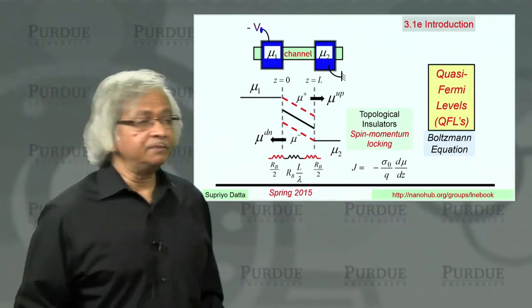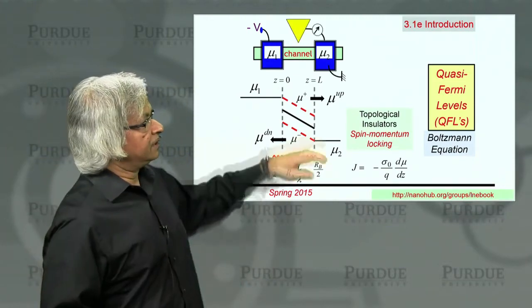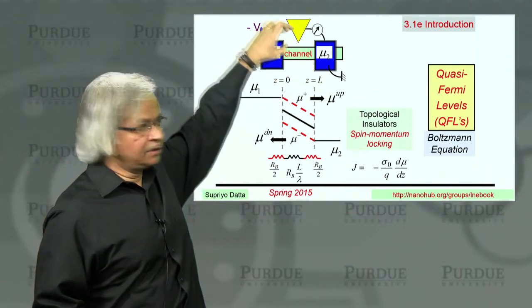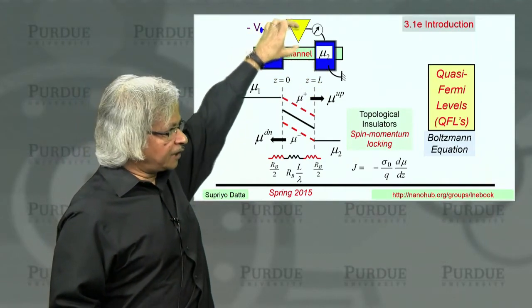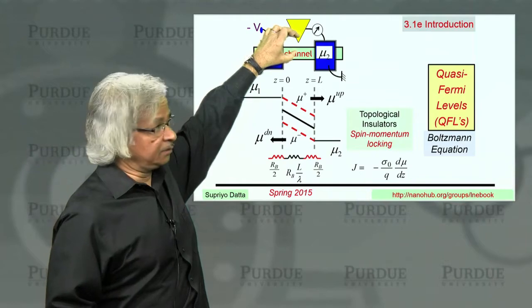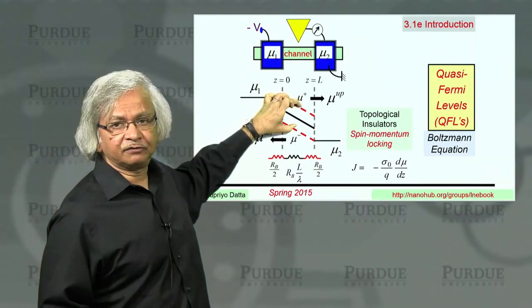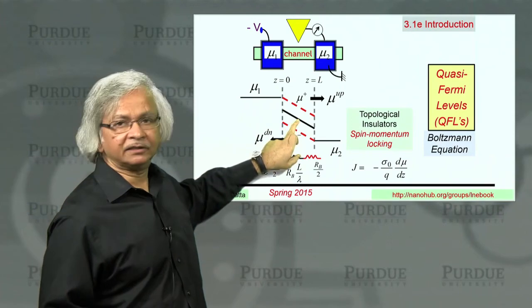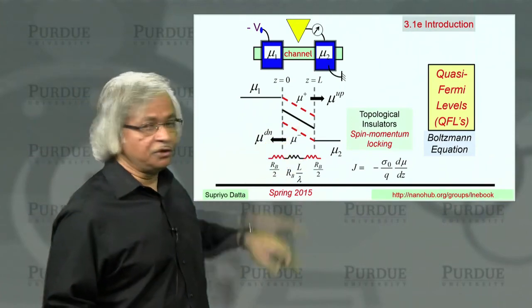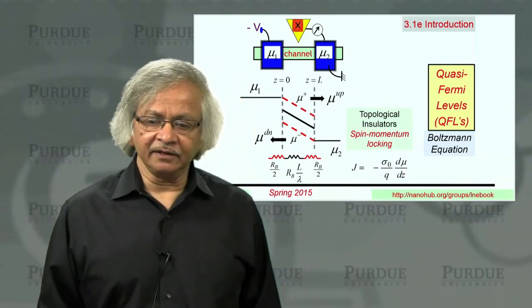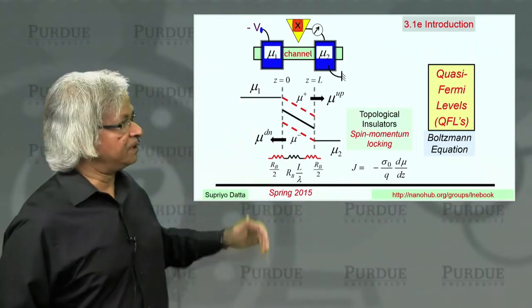And this can actually be measured as well with a probe. That is, if you put a probe here, like a scanning probe, with which you look at the electrochemical potential right there, ordinarily what you'd measure is the average of the two. So you just get this black curve. But if you use a magnetic probe, then depending on the direction of the magnet, you could be measuring the spin potential.